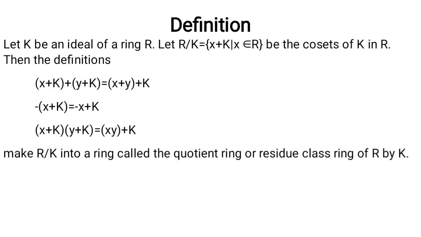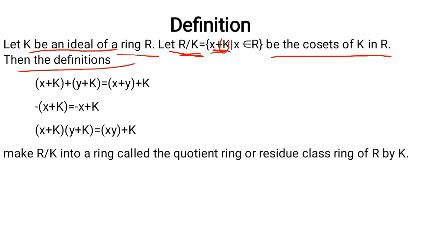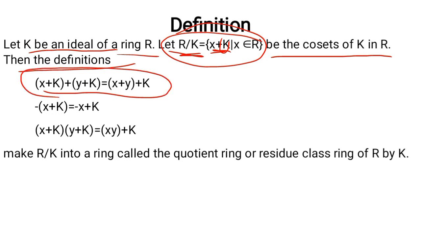The next thing you need to know is what we call the cosets of rings. What do we mean? Let K be an ideal of a ring R. So we have K, an ideal of the ring R. In the quotient R/K, all its elements take the form x + K, where x is in R and K is the ideal, which are the cosets of K in R. Then the definitions: the addition of two elements from this quotient is this, and this is how the sum goes.